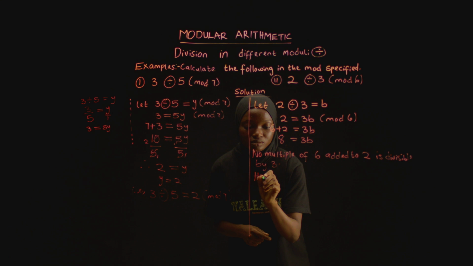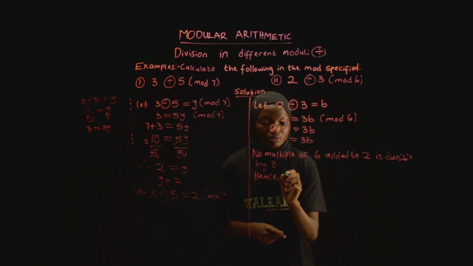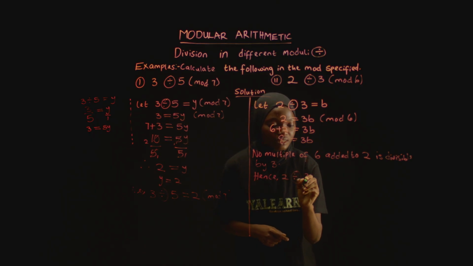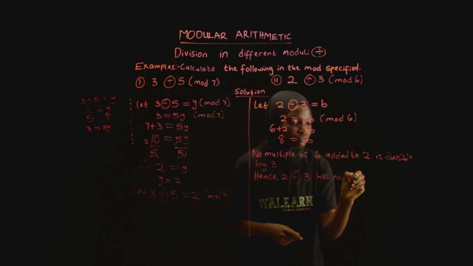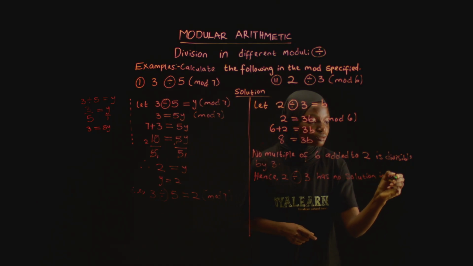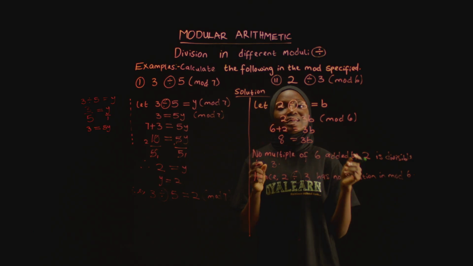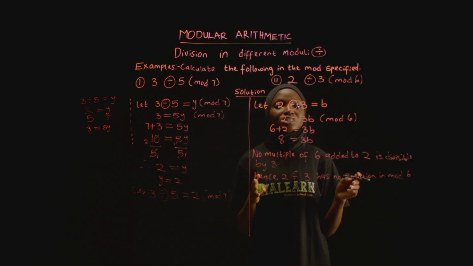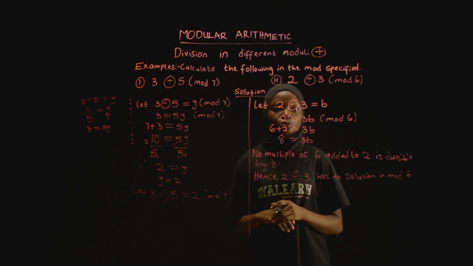Hence, 2 divided by 3 has no solution in mode 6. And that's how to divide in mode 6 for special cases whereby there would be no solution. Thank you.